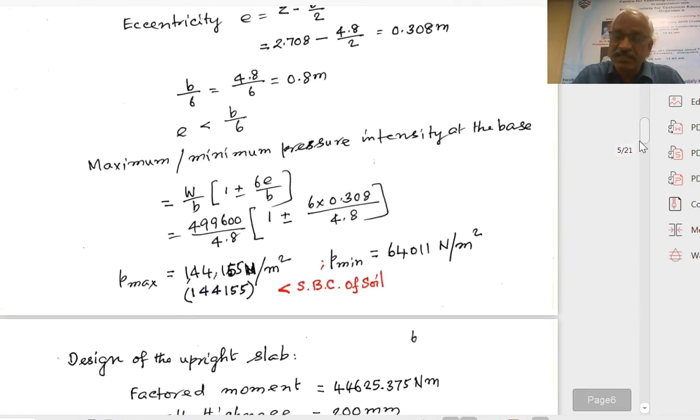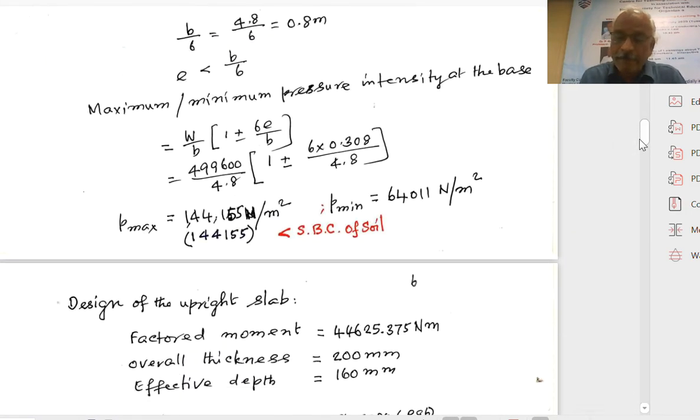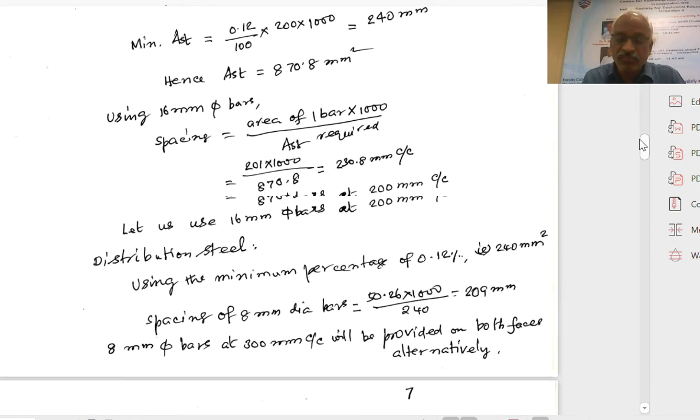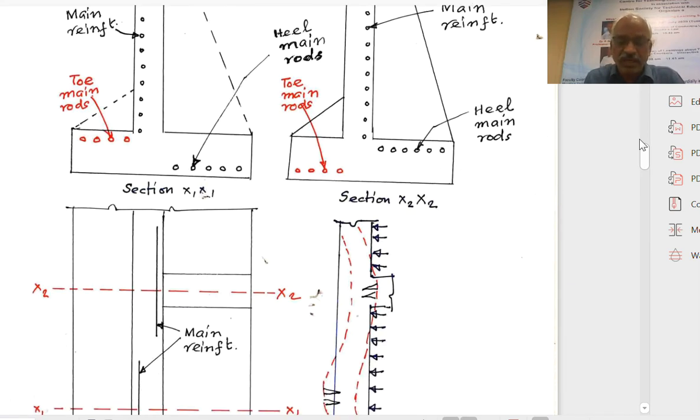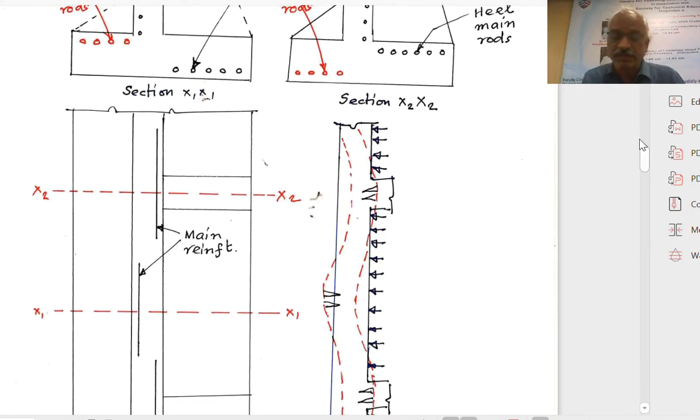These things we need not discuss. This is about the reinforcement details we have discussed. Now for our design, this figure is an important one.